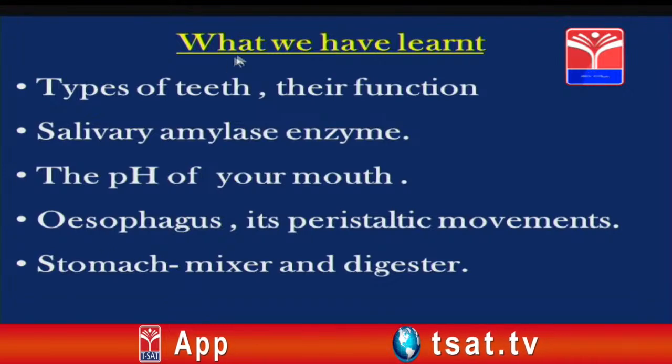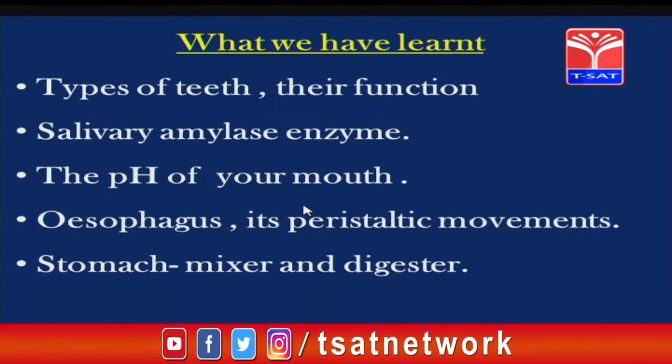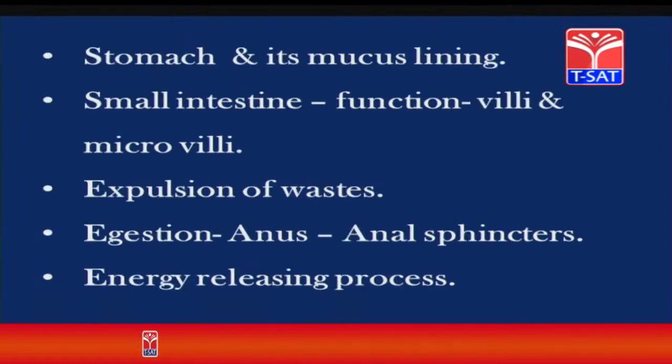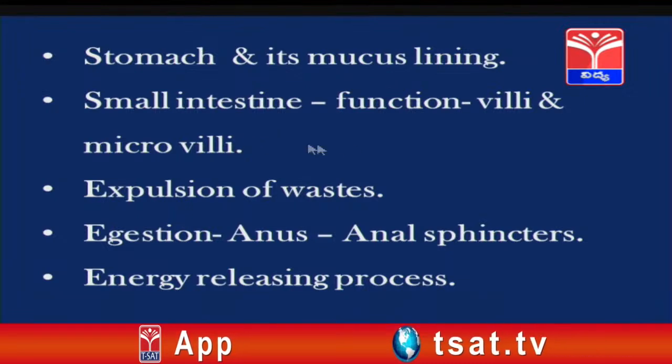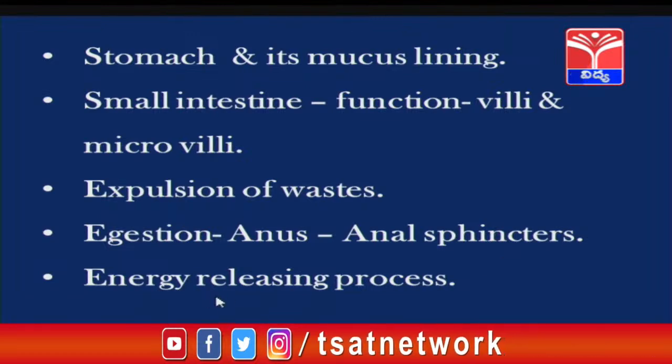What we have learned: types of teeth, their function, salivary amylase, the pH of your mouth, esophagus, its peristaltic movements, stomach, mixer and digester, its mucous lining, small intestine, functions of villi and microvilli, expulsion of waste, egestion through anus, anal sphincters, and the energy releasing process.